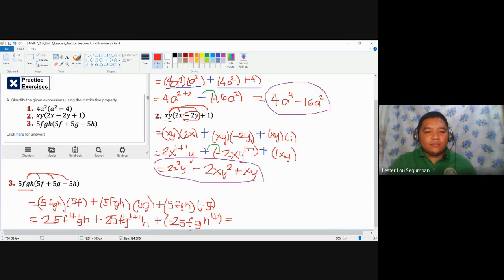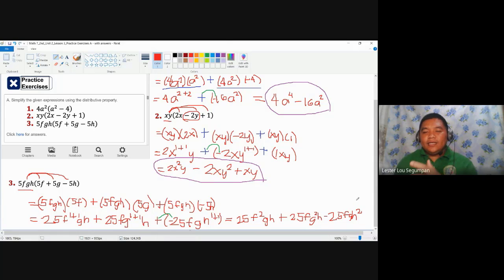So the final result, you have here 25 F squared G H plus 25 F G squared H. And then you apply here the breaking of the grouping symbol. Positive times negative will become minus 25 F G. 1 plus 1 for the exponent of H squared.